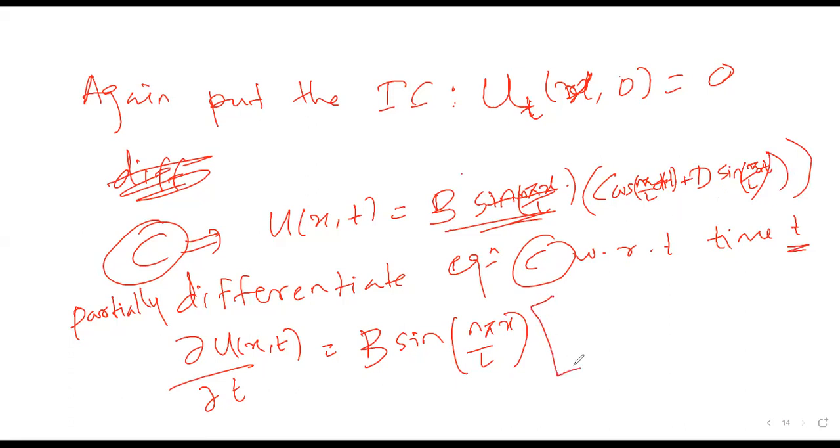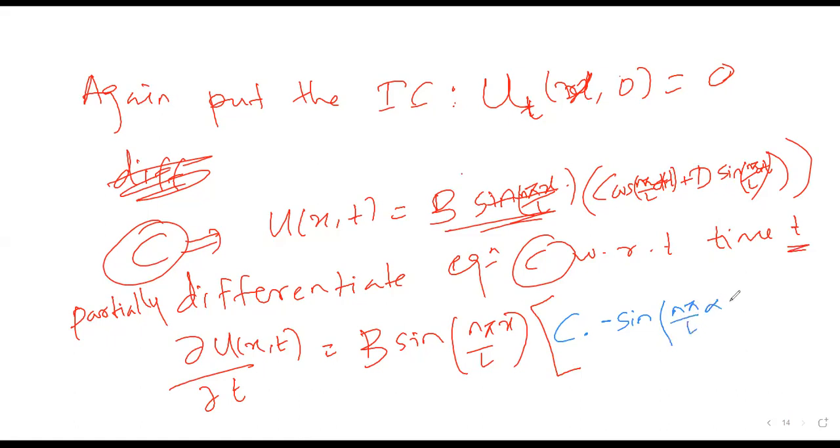If I partially differentiate this one, what will you get? You will get c times, what is the derivative of cos? It will be minus sine, sorry, sine n pi over L alpha t.